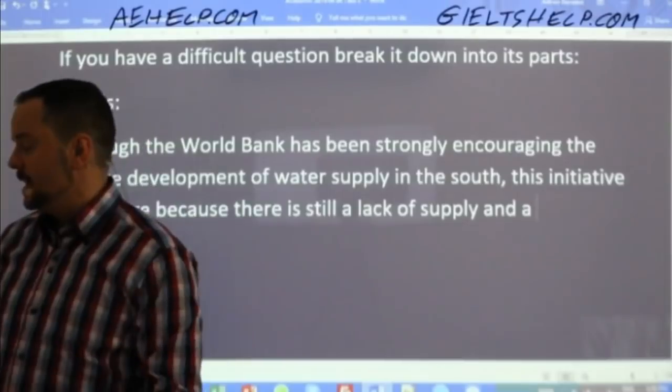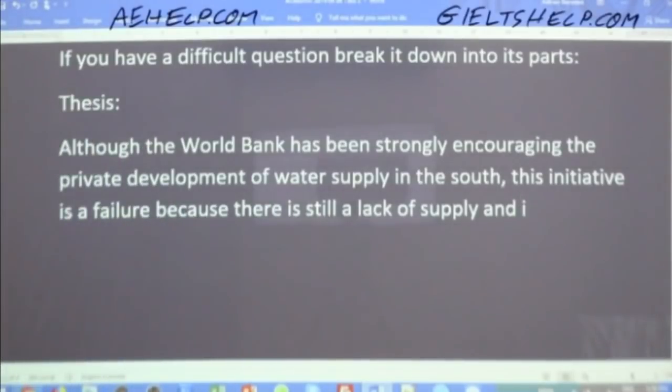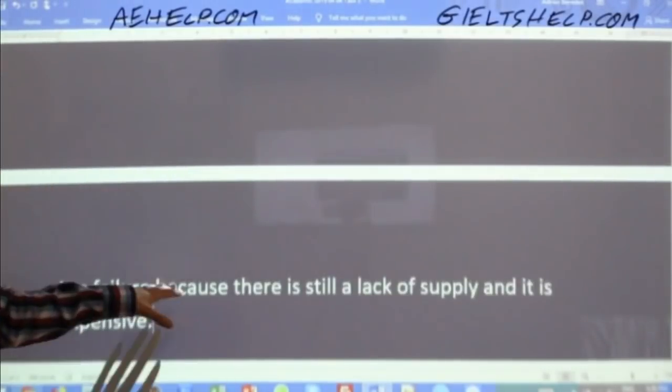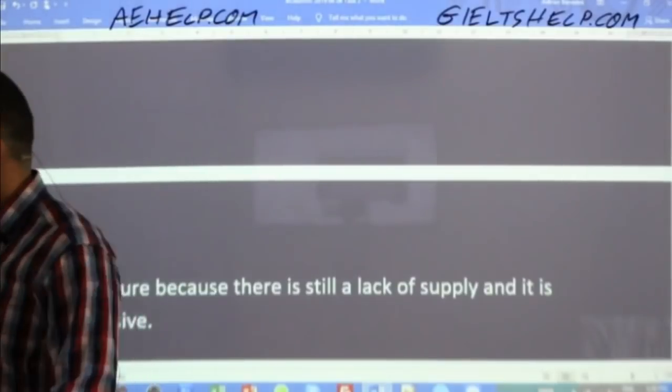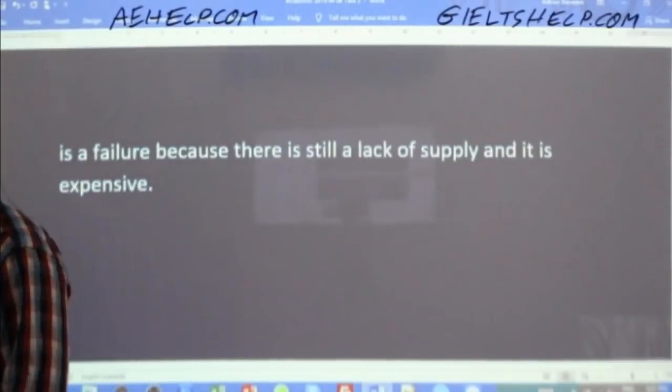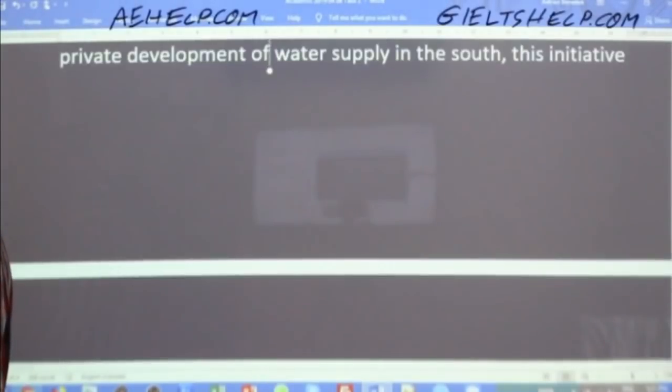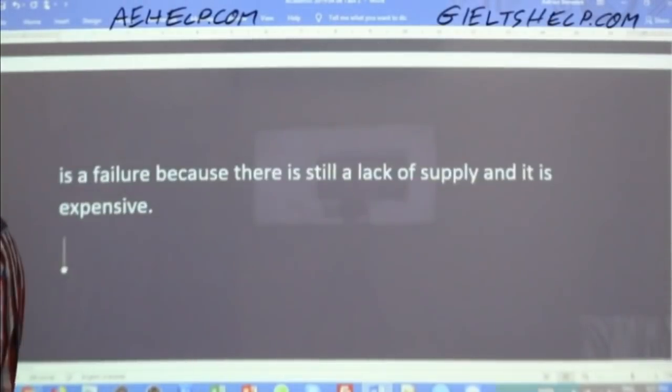So I can write it first like this, and it is expensive, or and water is expensive. So I can write it like that, and then I can figure out how to parallel that grammar after. So sometimes it's easier to parallel with the second point.